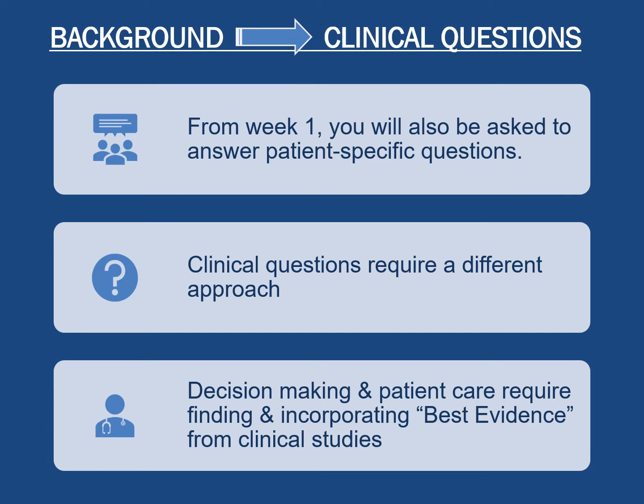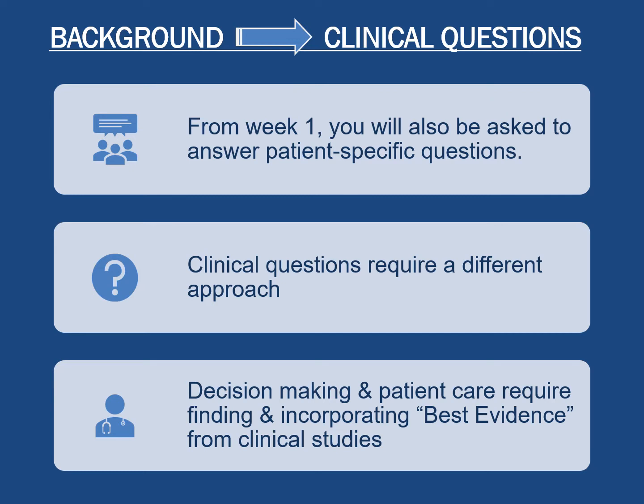So far, we've been discussing information sources that help you answer background questions. Your background questions might be clinically related, but they are first and foremost knowledge or background questions. Earlier, we were asking what sort of information source we should use in order to determine what veins drain from the liver.